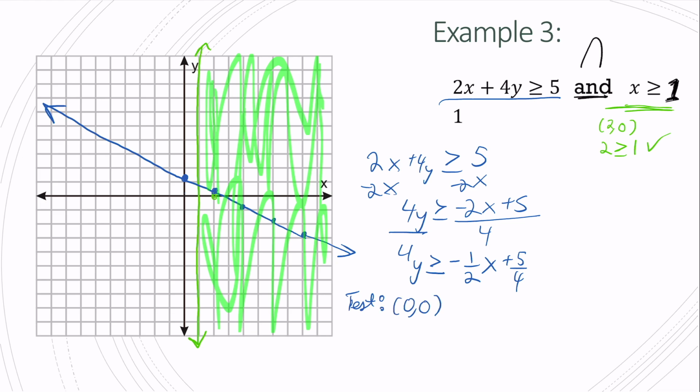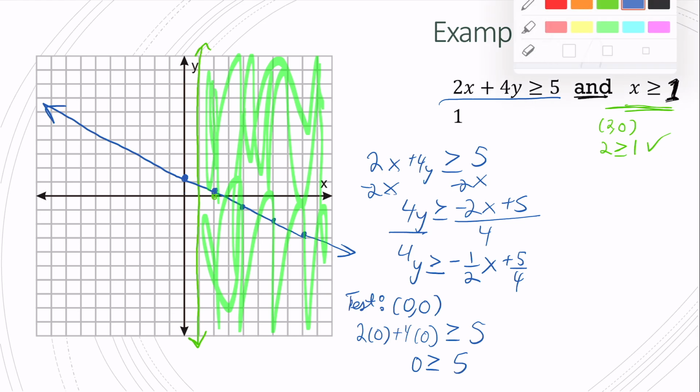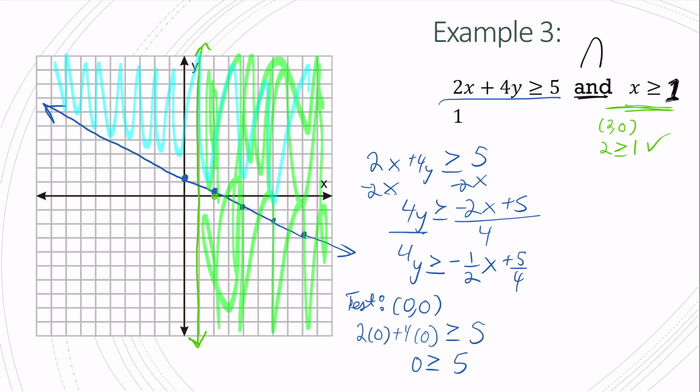I'm going to pick 0, 0. So I have 2 times 0 plus 4 times 0 is greater than or equal to 5. 0 is greater than or equal to 5. That's false. So I need to shade above my test point, which was the origin. So this was my test point.